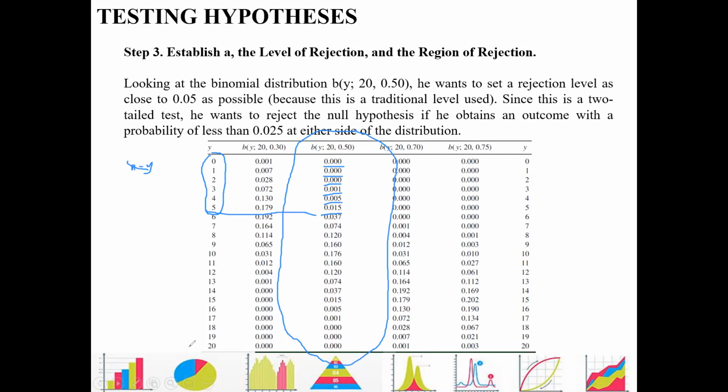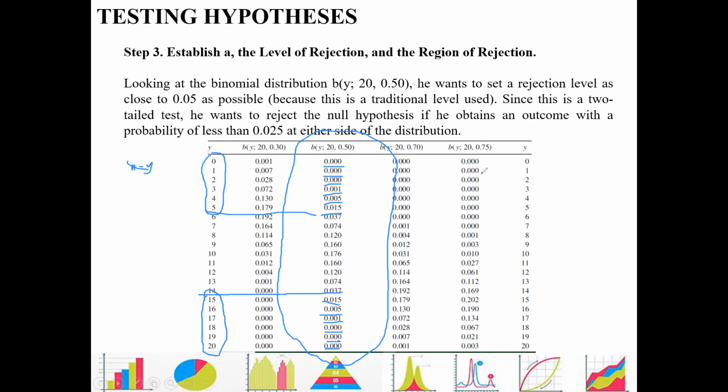Ano naman sa bottom line? Sa 20. So 0, 0, 0, 0.001, 0.005, and 0.0015, which leads us to 15 to 20.